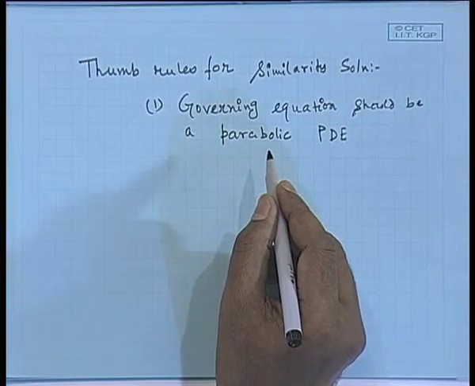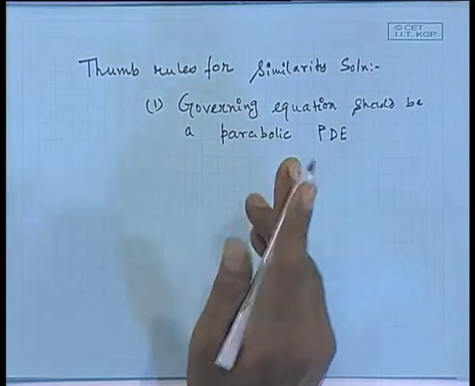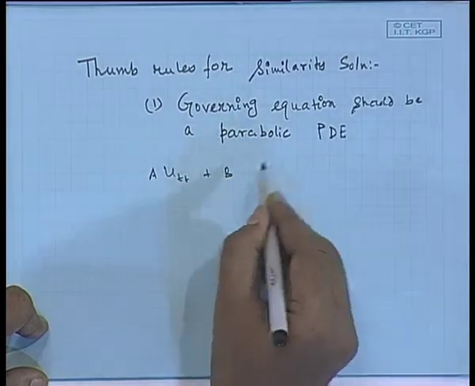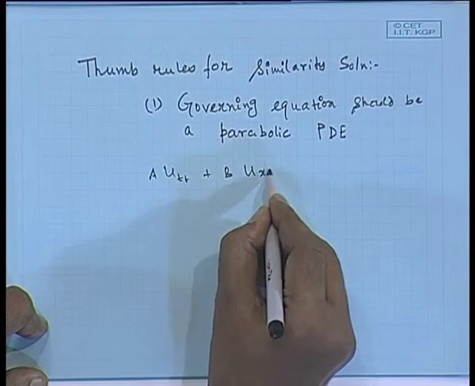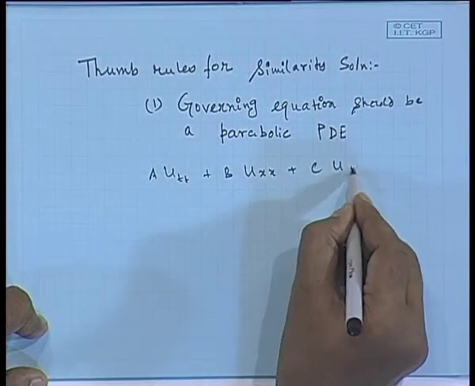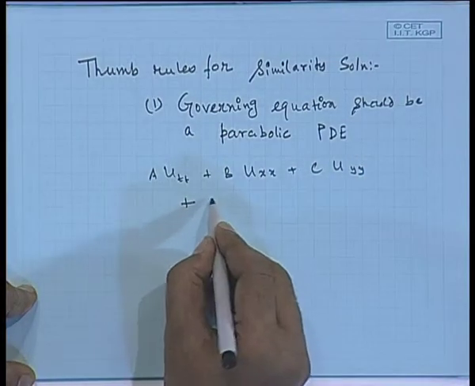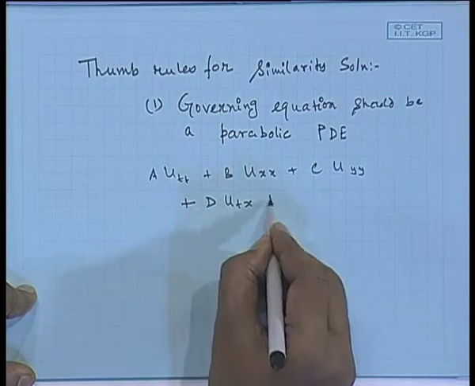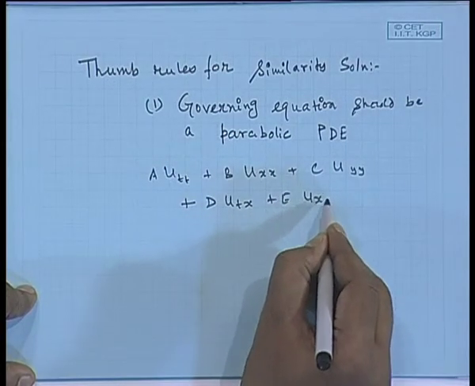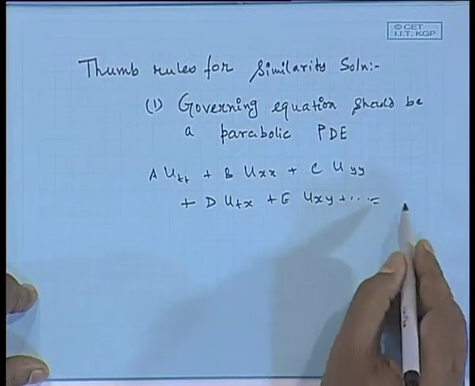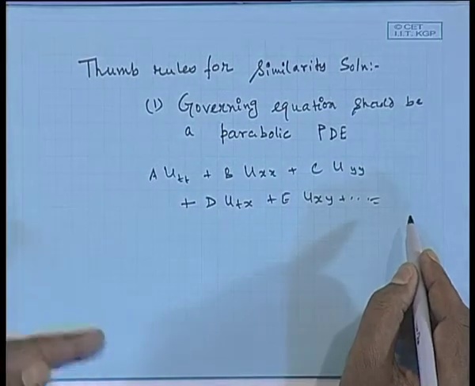Now, in that case there is a method, that means you take all the terms containing double derivatives on the left hand side, like a utt plus b uxx plus c uyy, u being the dependent variable, plus let us say d utx plus e uxy, something like that. Okay. And the right hand side should contain all the single derivative and non-homogeneous terms.